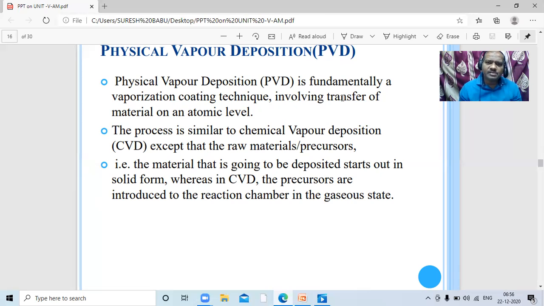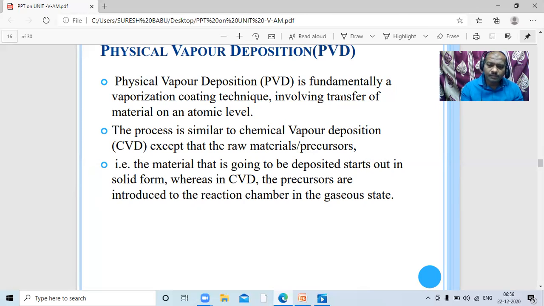Here, if you observe this slide, it is differentiating between PVD and CVD. In PVD, the material itself is in the solid state, but in CVD, the material is in the form of a gaseous state before depositing on the substrate. So that is the thing to be understood here.